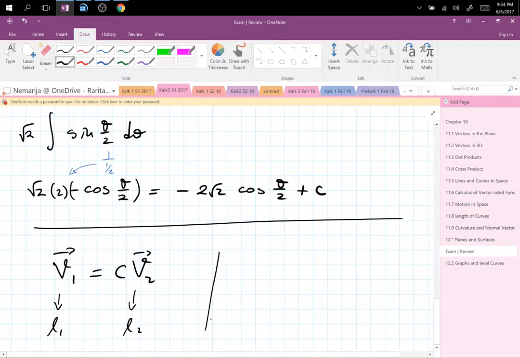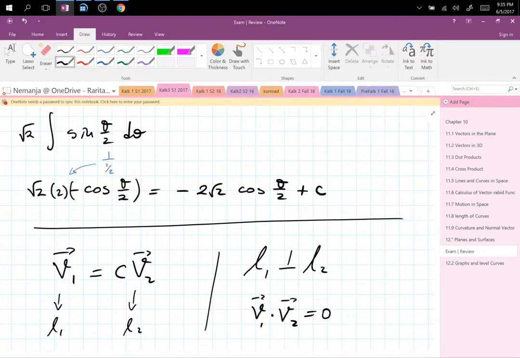For perpendicular lines, if line 1 is perpendicular to line 2, the dot product of their vectors is 0. Because we know that dot product equals 0 means perpendicular lines. So again, just like in your algebra class, everything is with the slopes.